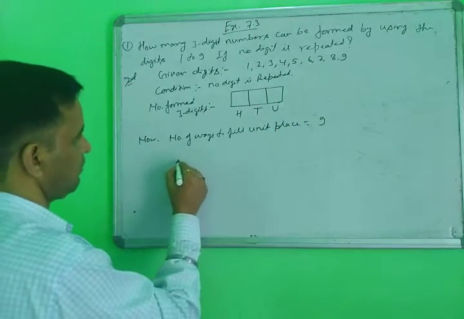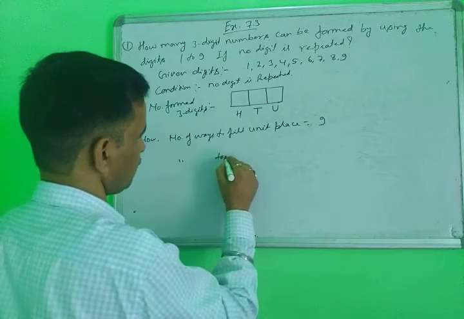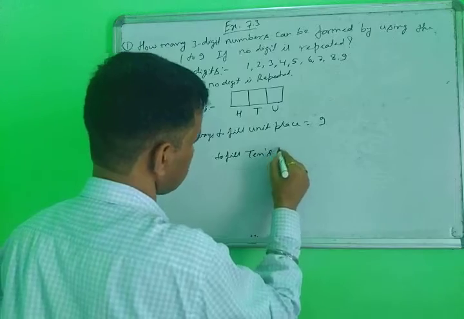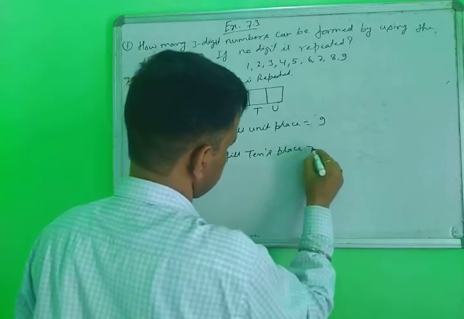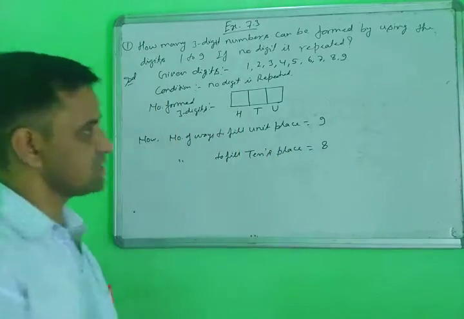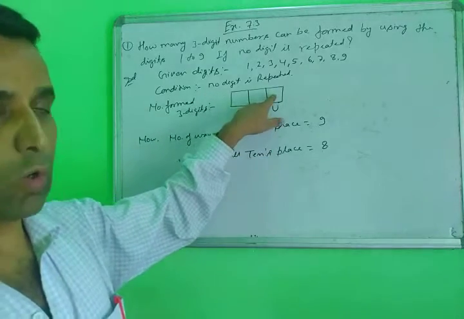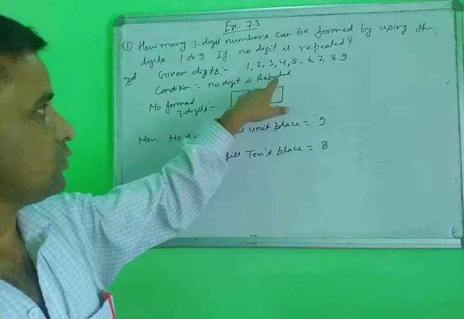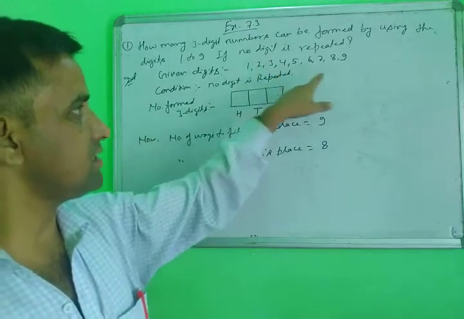Second, the number of ways to fill the tens place. This is 8 because one digit is already used here. How many digits are left? 8.